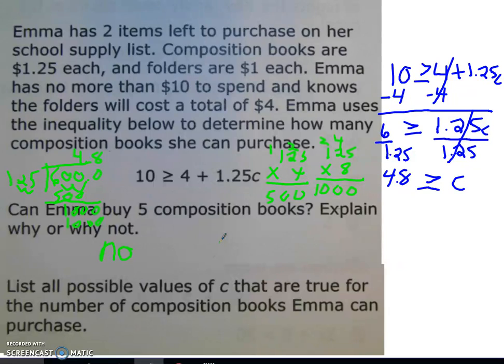So technically, the only thing that Emma can purchase, she can either have 0 composition books, 1 composition book, 2 composition books, 3 composition books, or 4 composition books. But she does not have enough money for 5 composition books. All right, let's go to number 3.